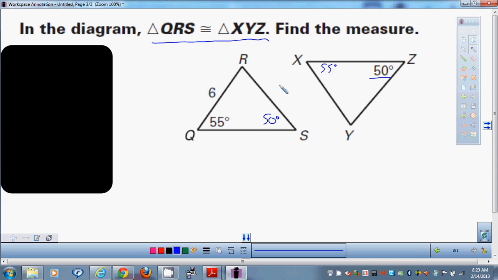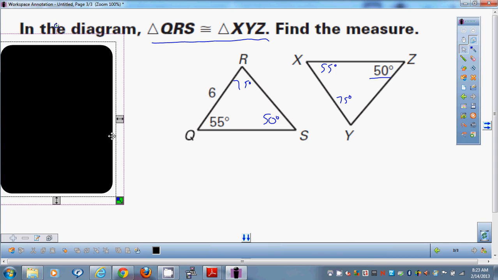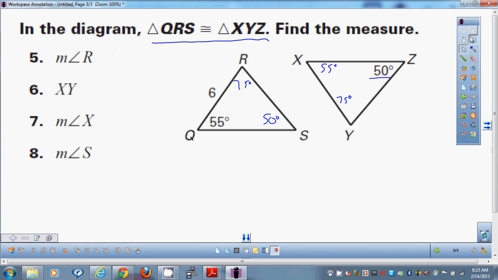Now, we haven't even looked at what it actually asks yet. But now that we filled it out, it'll take like 2 seconds. Number 1, what is angle R? 75 degrees. Oh, I didn't even see the sides. Well, no problem. Stacy, XY goes along with what side?